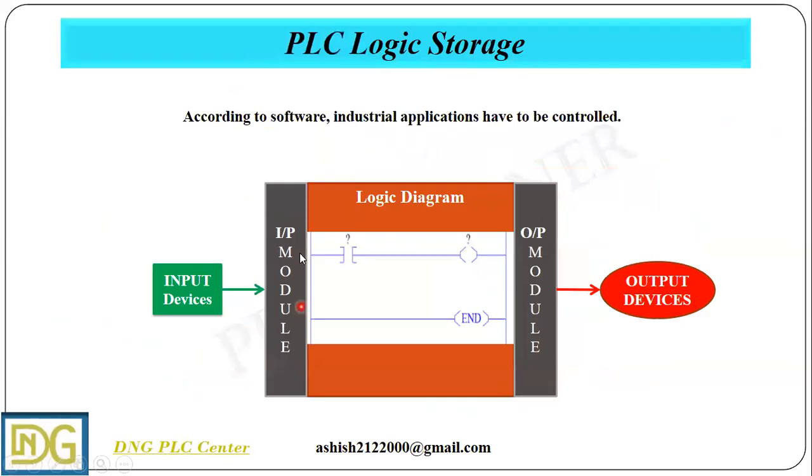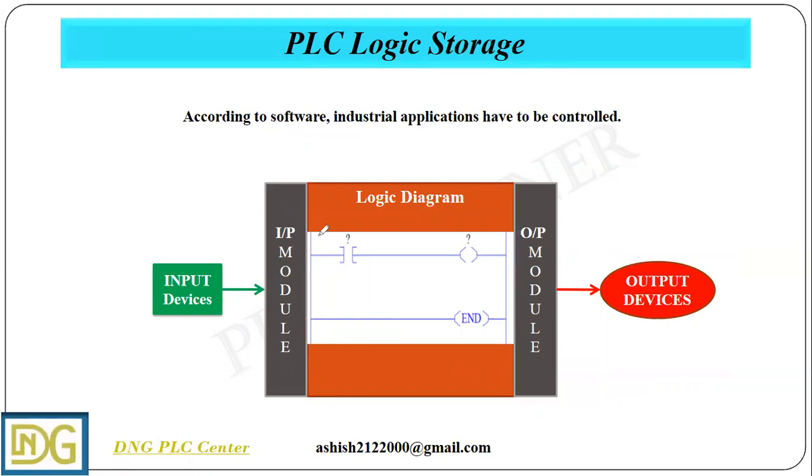Here, to the input module, we have connected input devices. It can be a sensor, push button, switch, or toggle switch. These are connected to our input modules. After that, we make our own logic in the software.